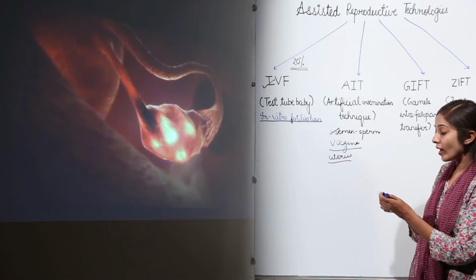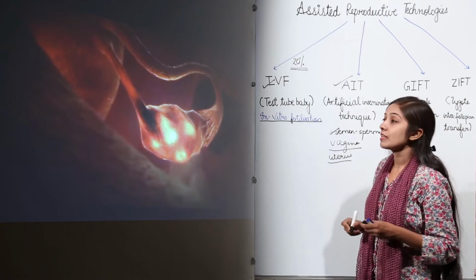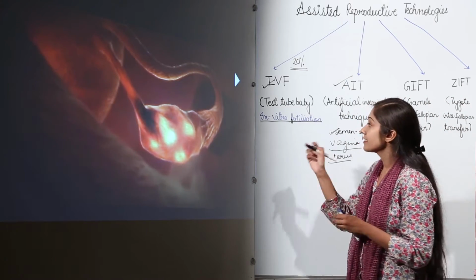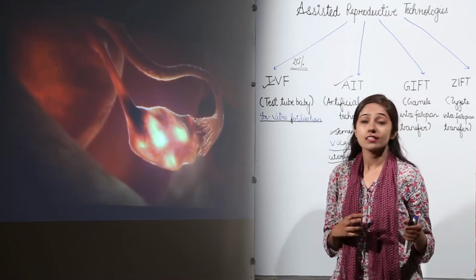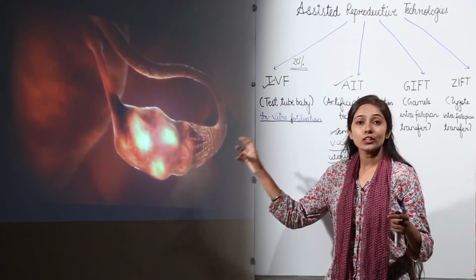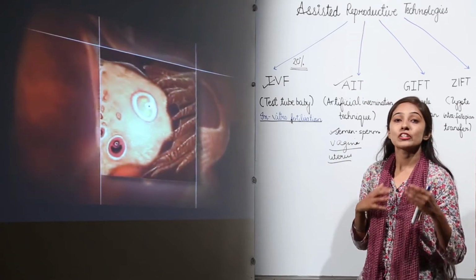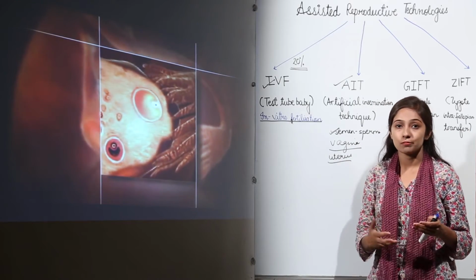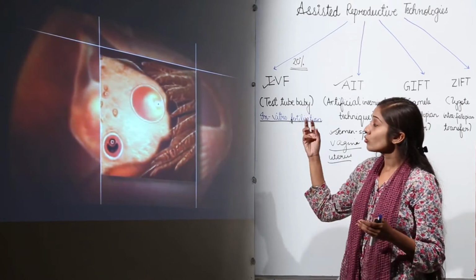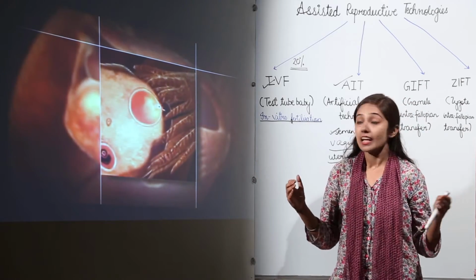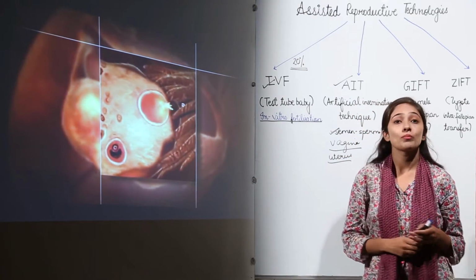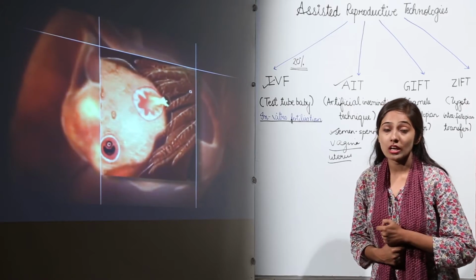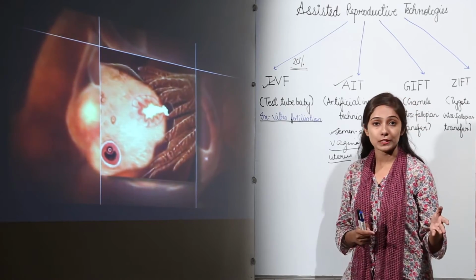So let us see how this artificial insemination technique works. As you all know, inside the ovaries there is the maturation of the eggs taking place, right? So the egg is released and this egg enters the fallopian tubes and waits for the sperms to come so that fertilization can take place.